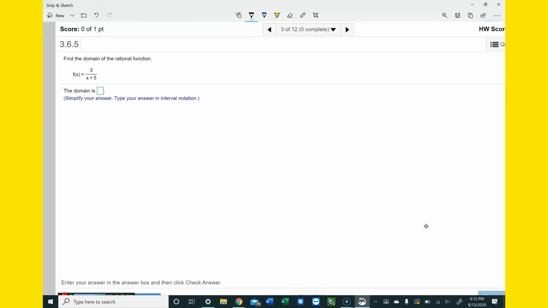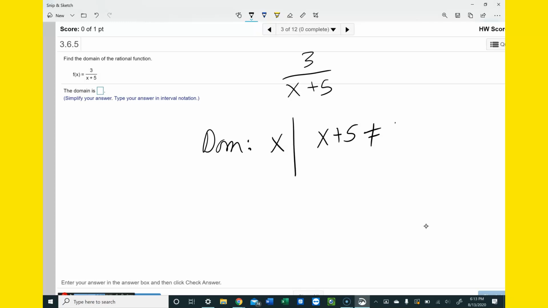So if we're trying to find the domain of this function, then we would say the domain is all x such that, so that vertical line right there in mathematics means such that, x plus 5 does not equal 0. And then we could go further and say such that x does not equal negative 5. So the domain is x does not equal negative 5.